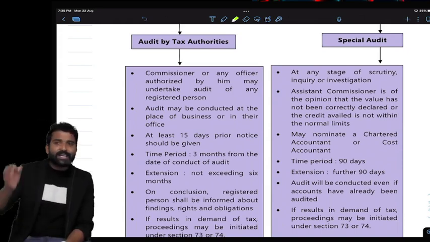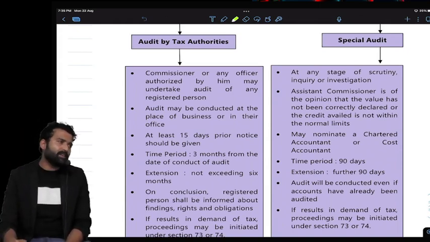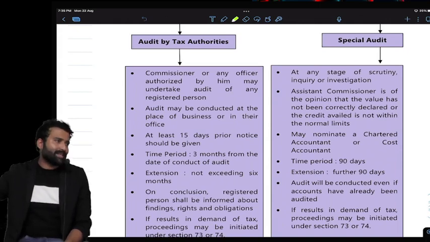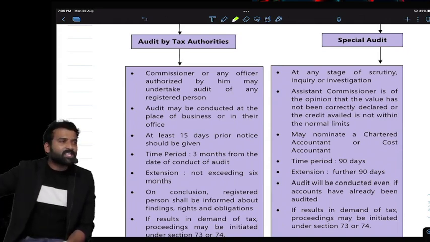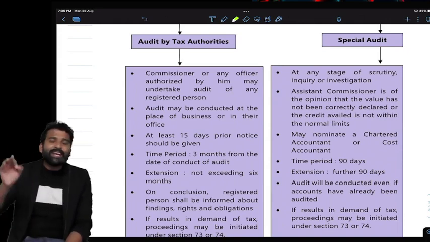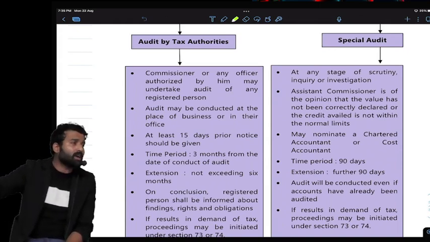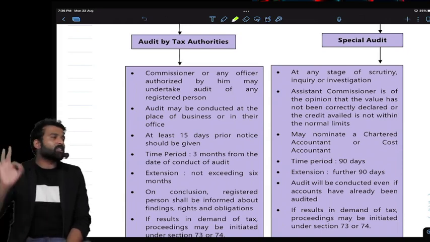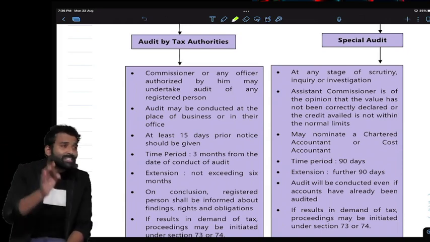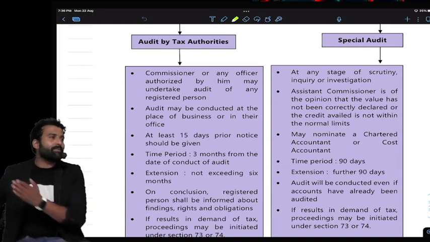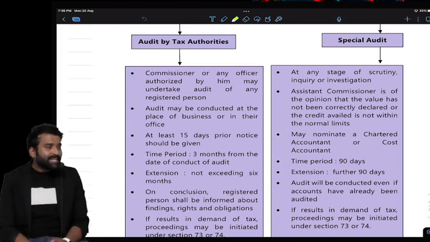The officer is of the opinion that there are so many non-compliances in ITC, and the transactions are so complex that we need an expert opinion. We need these transactions to be audited by a chartered accountant or cost accountant hired by the tax authorities only. So the tax authorities who are doing the investigation are basically outsourcing some investigation to us. This audit is called special audit.